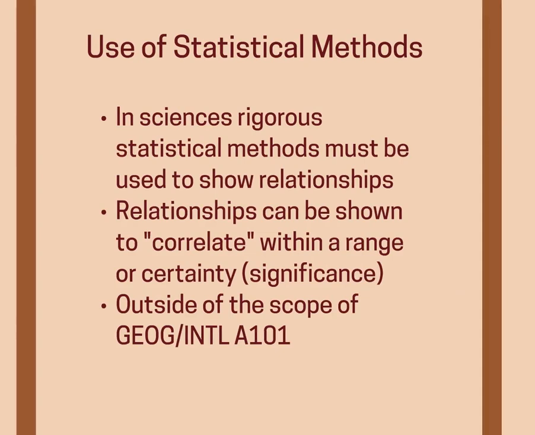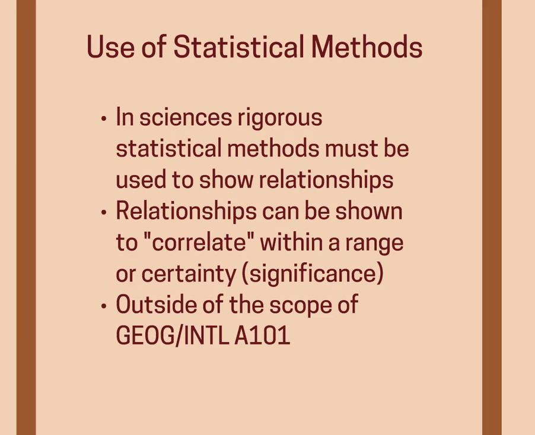Now, if we were really looking for relationships and trying to see if there were relationships between two aspects of development, we would also be required in the social sciences to use rigorous statistical methods that would help us to demonstrate these relationships. When you start using certain kinds of statistical methodology, you're able to demonstrate quite clearly that within a range of certainty, or what's often known as significance, we can find a relationship between two variables and show that they're correlated.